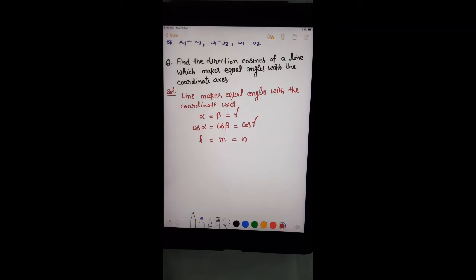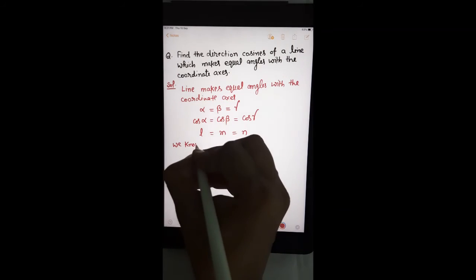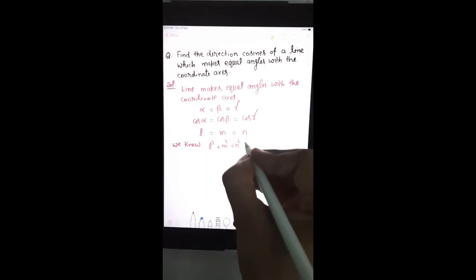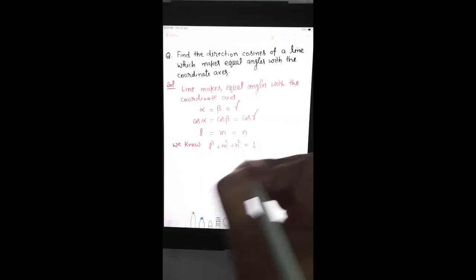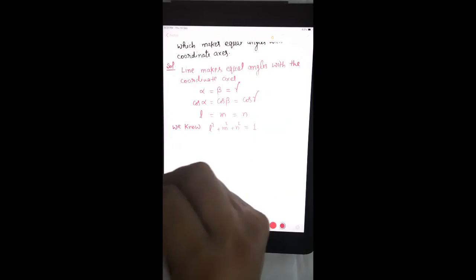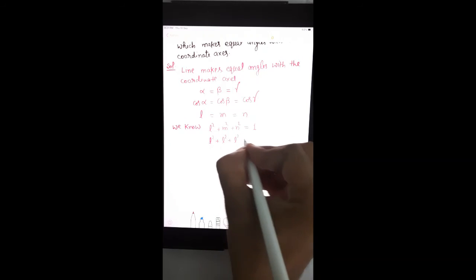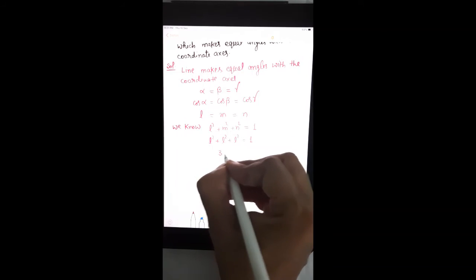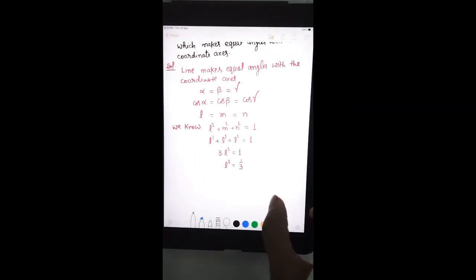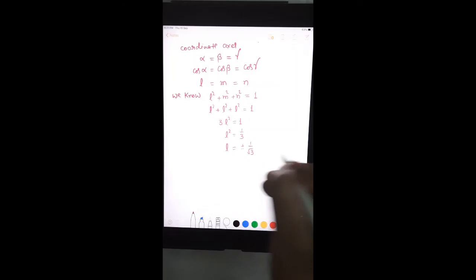But we know a relation between l, m and n, that l square plus m square plus n square is equal to 1. Because l, m and n all are equal, we can write l square plus l square plus l square equals 1. So we get 3 times l square equal to 1, so l square equals 1 by 3. Then the value of l is plus minus 1 upon root 3.